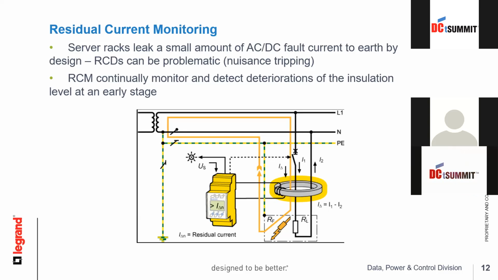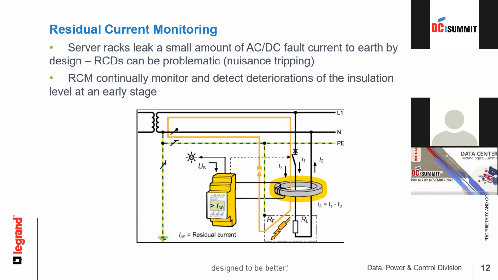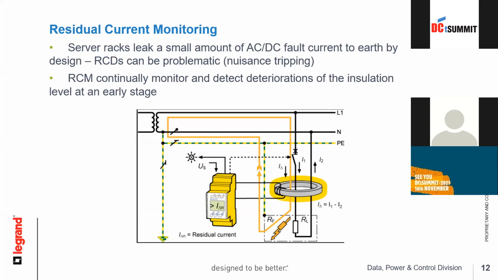If we have to use RCDs, that can be problematic because the RCDs will trip often, and that can be a nuisance. So instead, what we could do is introduce residual current monitoring, which can be part of the monitoring features. And this can detect deteriorations of the insulation level at an early stage and communicate this back so a preventive or proactive action can be taken.